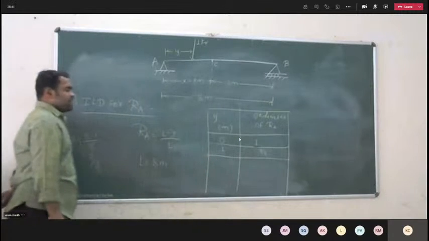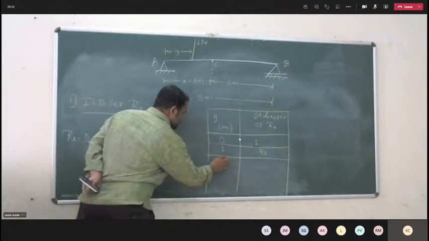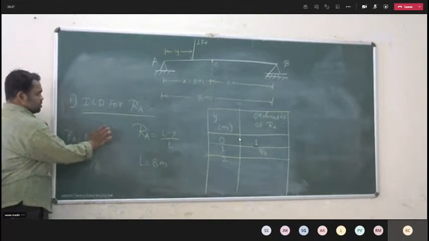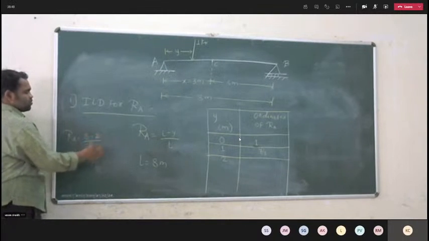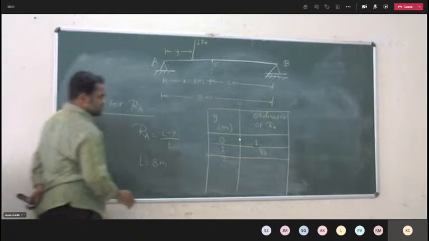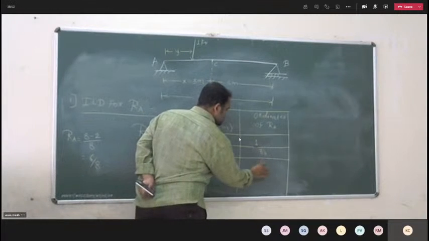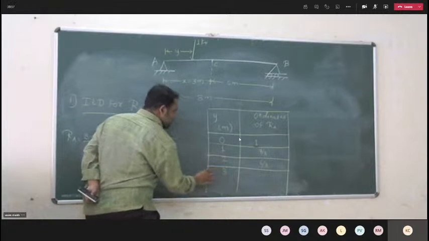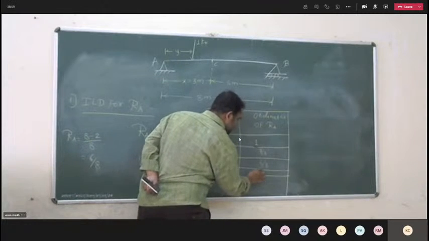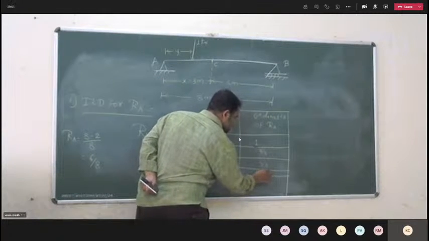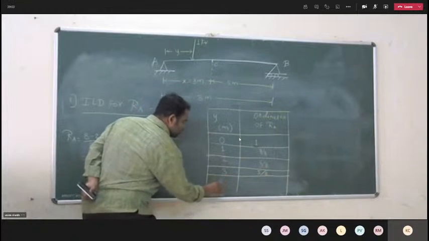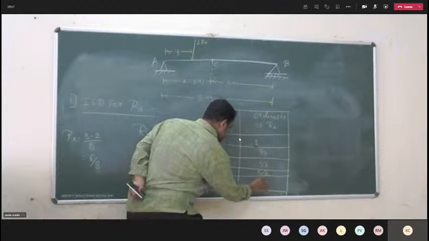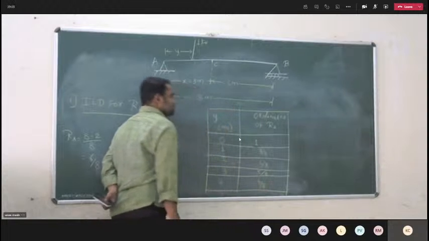Now, at a distance 2 meter, I am putting the unit load, so RA is equal to (8 minus 2) by 8, that is 6 by 8. So at a distance 3 meter, it is 5 by 8. At 4 meter, it is 4 by 8, that is 0.5.